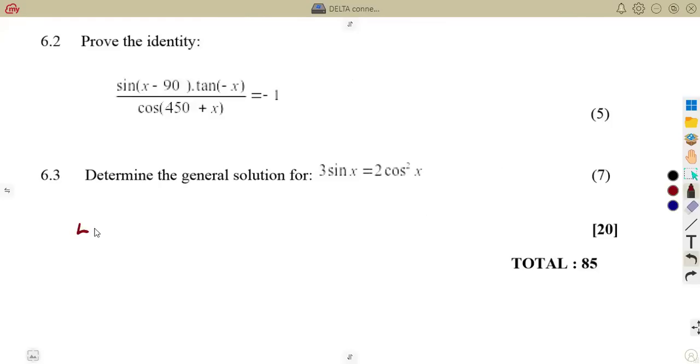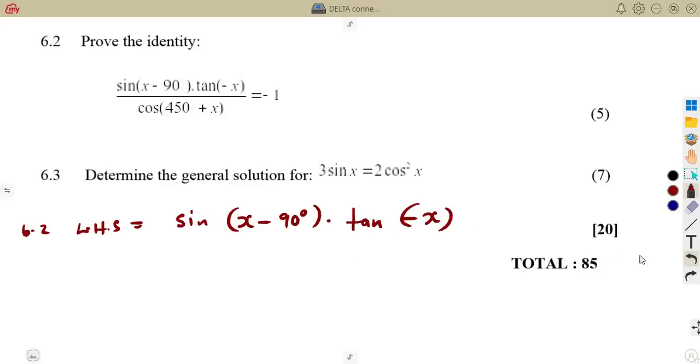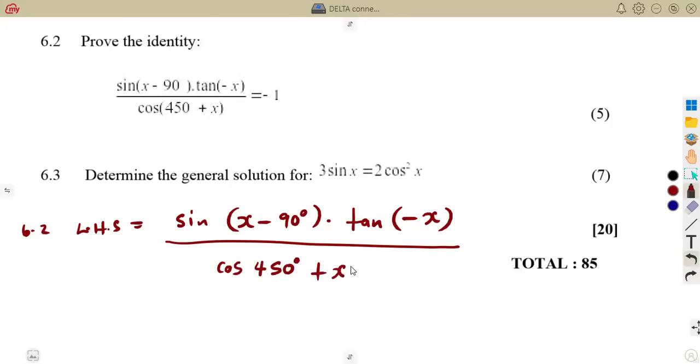I'm just going to take the left-hand side of our question on 6.2, which is the sine of x minus 90 degrees times the tan of negative x, everything over the cos of 450 degrees plus x. So this is our left-hand side. We must get a -1.